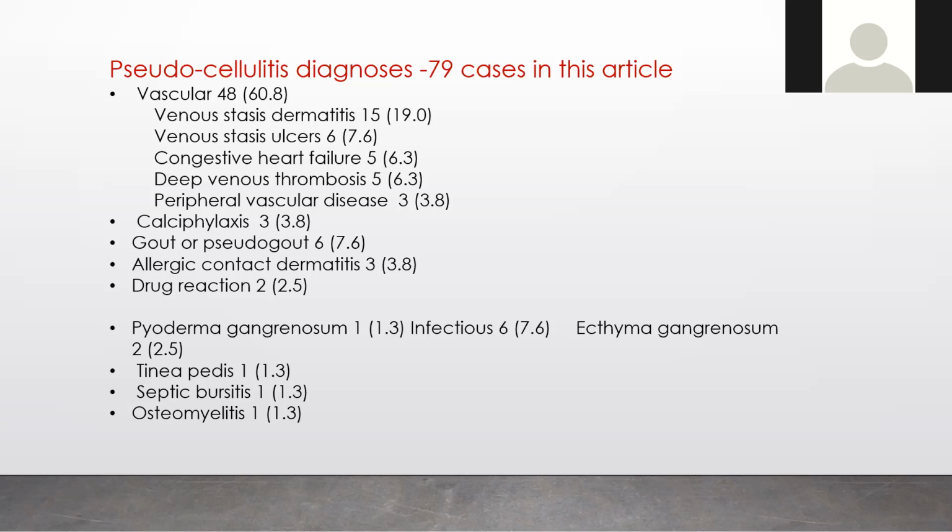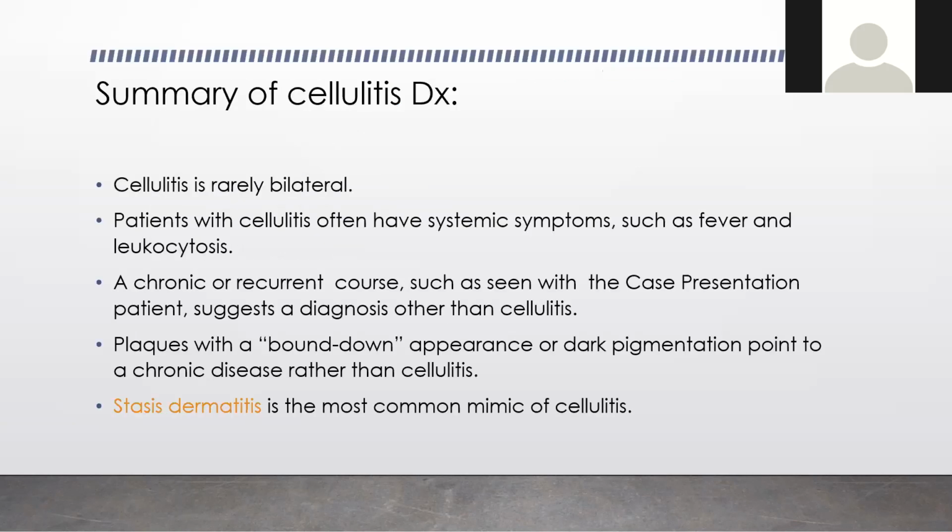Of 79 cases in this article, vascular reasons were the majority: venous stasis dermatitis, venous stasis ulcers, heart failure, DVT, peripheral vascular disease, and a smattering of gout, contact dermatitis, and drug reaction. So about a third of all patients admitted with a diagnosis of lower extremity cellulitis, and multiple studies show as much as 40 to 50%, are misdiagnosed, and most don't need to be in the hospital for that diagnosis.